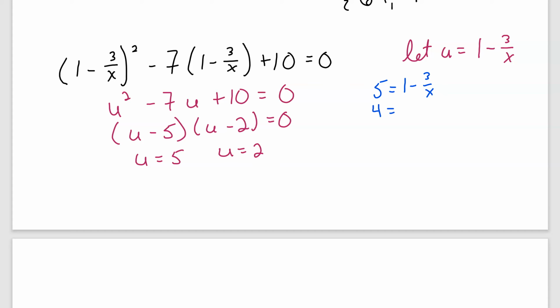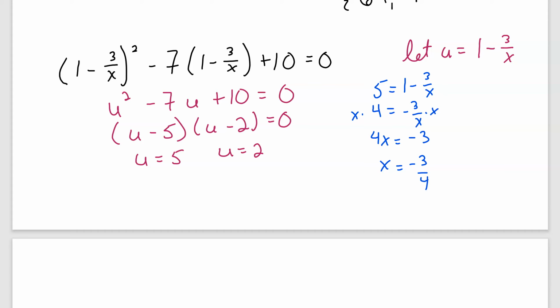So I'll get 4 is equal to negative 3 over x. To get rid of this x, I'm going to multiply both sides by x, because I got to get rid of the denominator. So I get 4x is equal to negative 3. Then I can divide by 4, and I get x is equal to negative 3/4.